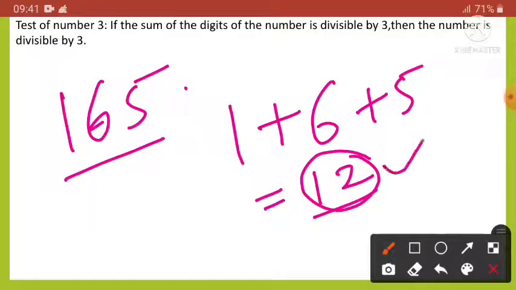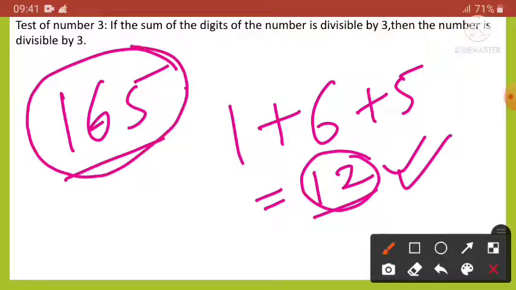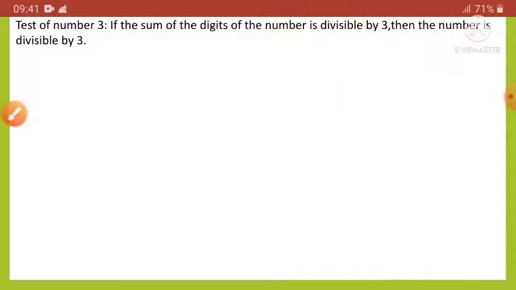So if this number is divisible by 3, then we can say that the number 165 is divisible by 3. Got it? So to check the divisibility test of the number 3, we have to add all the digits in the number and check if the result of the sum is divisible by 3 or not. If it is divisible by 3, then we can say easily the number is divisible by 3.